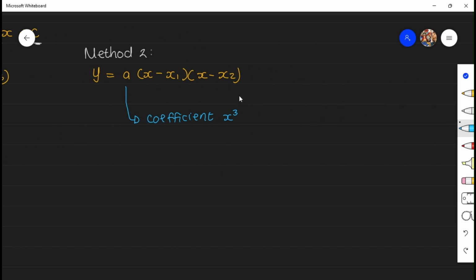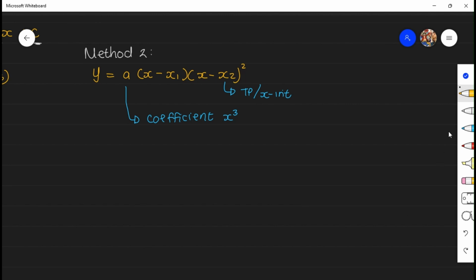So, what is important about our order? It is that x2 represents the turning point and the x-intercept. Now, something important is that this needs to be squared. Why? Because it represents two things, the turning point and the x-intercept. So our second formula is a, which is the coefficient of x cubed, times (x minus x1), (x minus x2) squared, whereby x2 represents the turning point and the x-intercept.